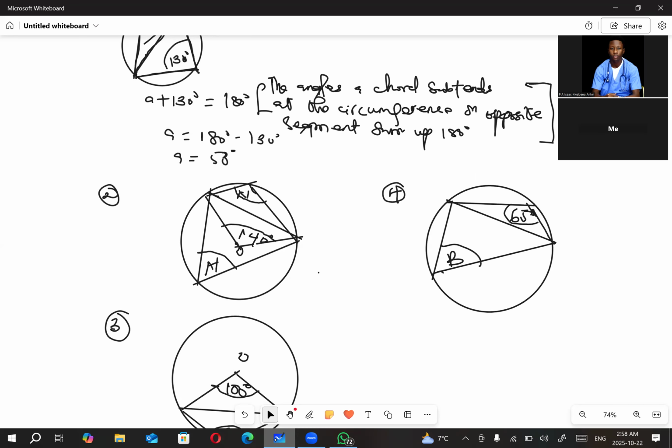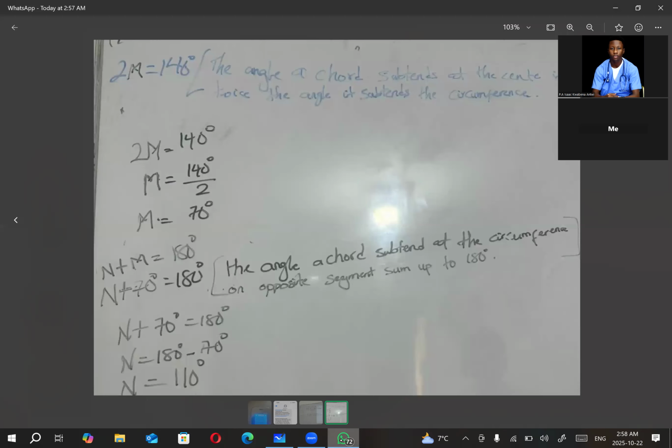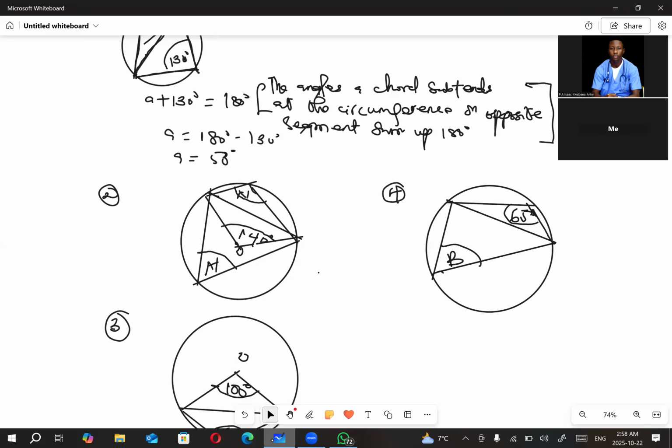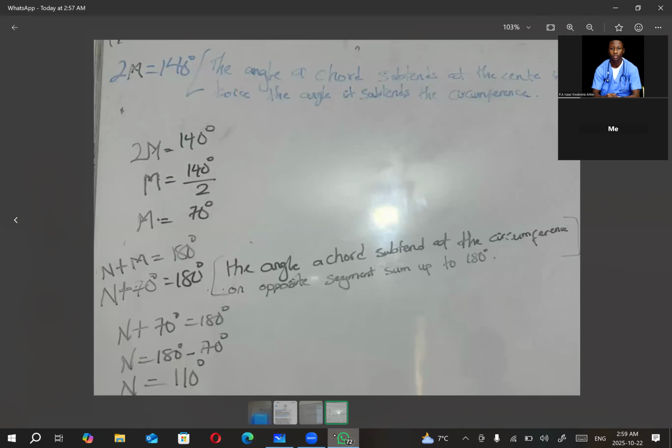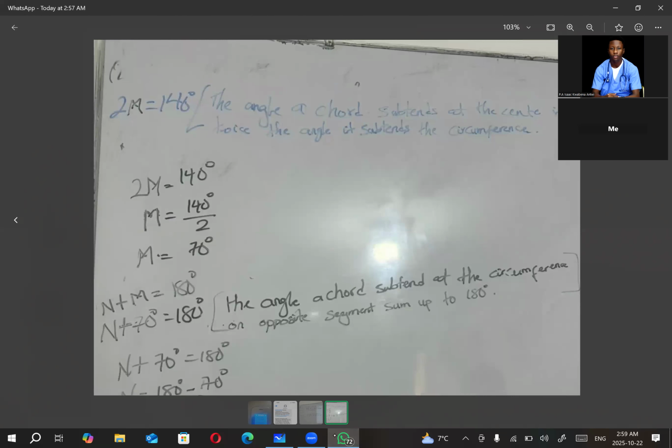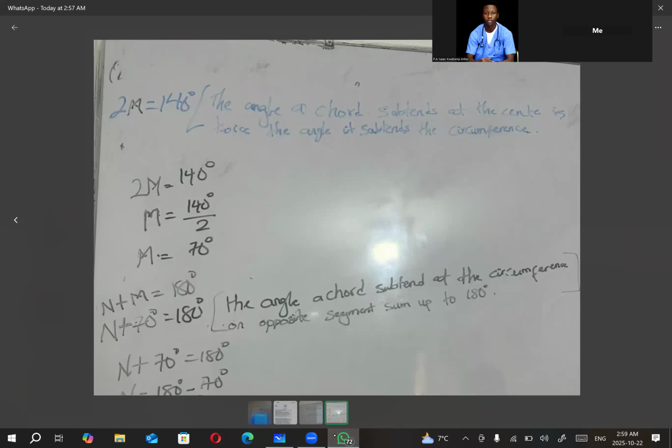Between 140 and, because it's one chord producing the 140 and that same chord is producing the m at one place, I can see the angle a chord subtends at the center, which is 140, is equal to 2m. Yeah, 140 equals 2m. They did it the other way around. Make sure you don't confuse yourself at the examination hall.